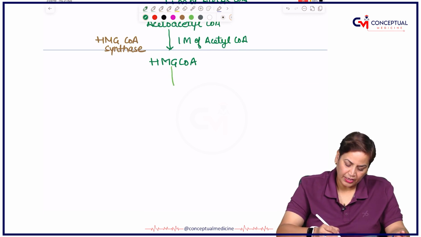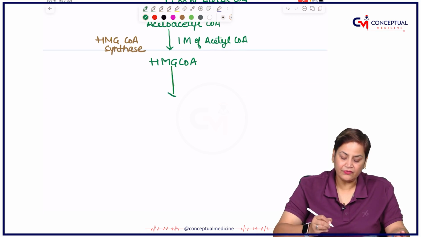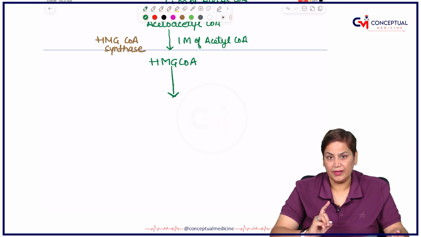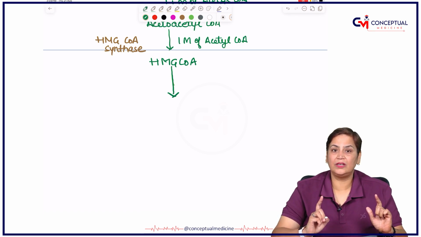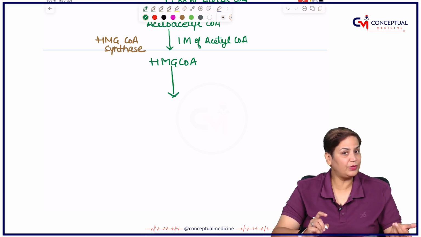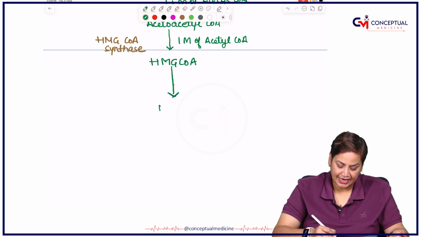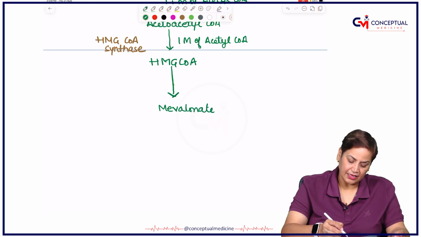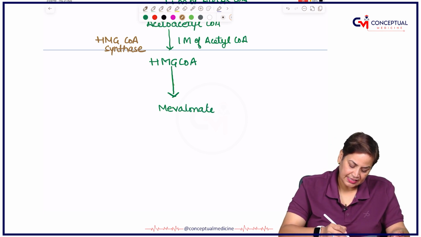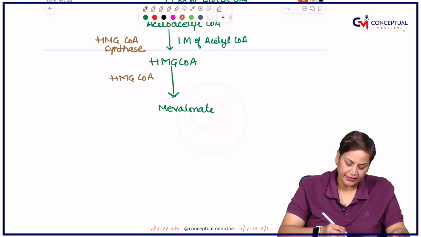Now this HMG-CoA will undergo reduction. Whenever it undergoes reduction, the enzyme has to be a reductase, and it forms the second important step, mevalonate. The name of the enzyme here is HMG-CoA reductase.